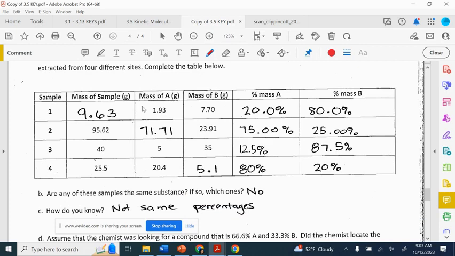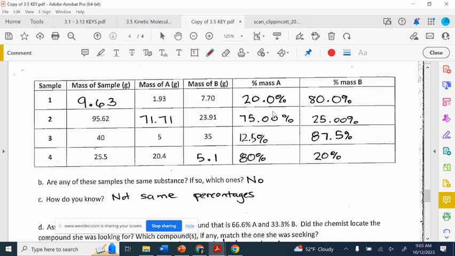So no, you're just looking at percentages here. If you're looking at percentages, nothing else has 20%. None of these are the same things because none of the percentages are the same. I was under the impression that sample 1 and sample 4 were the same substance.